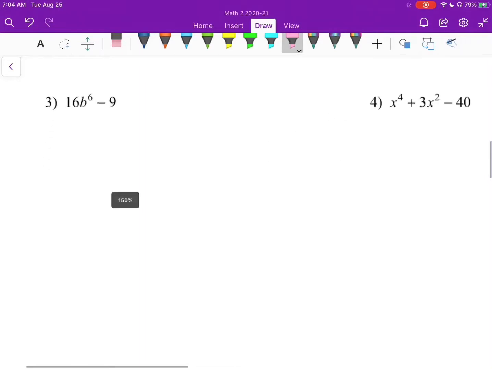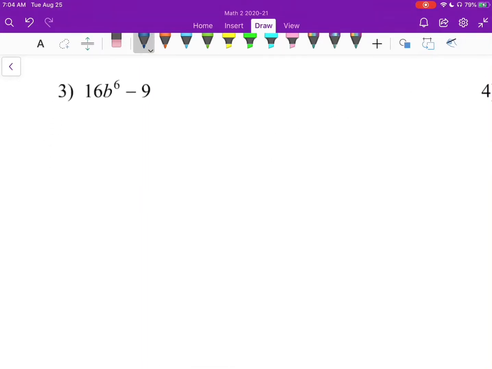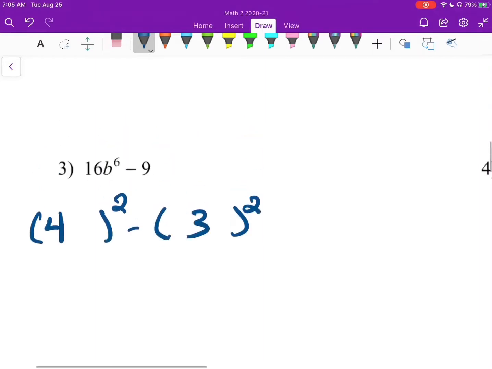Number 3, same idea. 9 we know is going to be a 3. 16, well, the square root of 16 is 4. B to the 6th. Now, if you have b to the a, to the c, then that's equal to b to the a times c. You multiply them together.